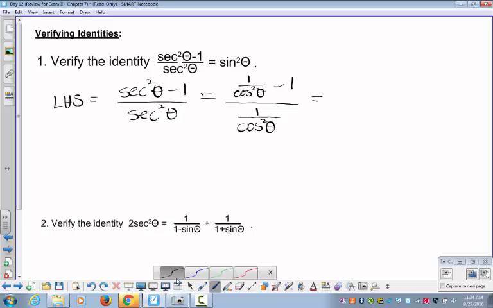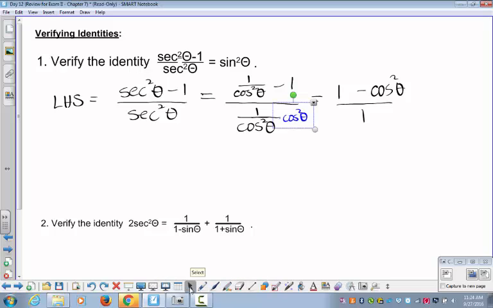So if I multiply this top left term by cosine squared, I get 1. If I multiply that term by cosine squared, I get minus cosine squared of theta. And if I multiply that term by cosine squared, I get 1. So we're going to multiply everything by cosine squared of theta. Is that okay?